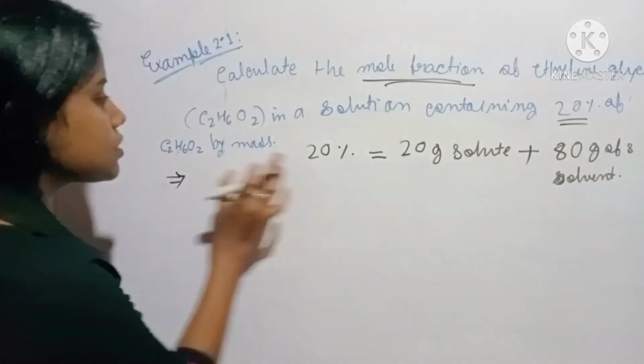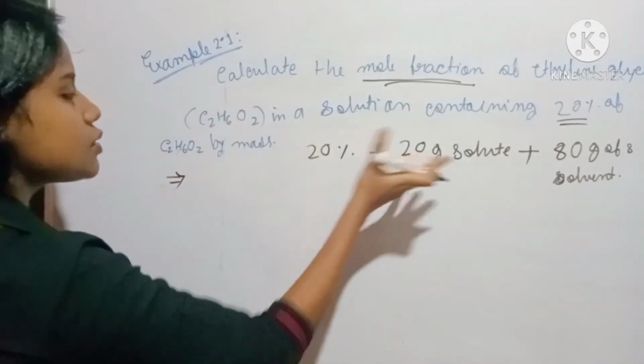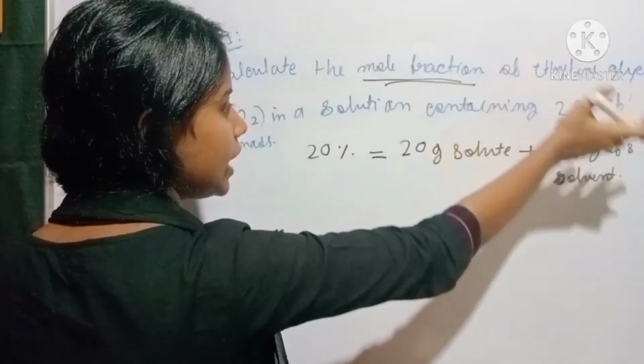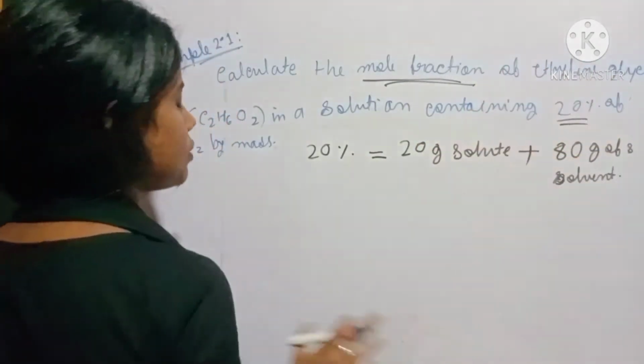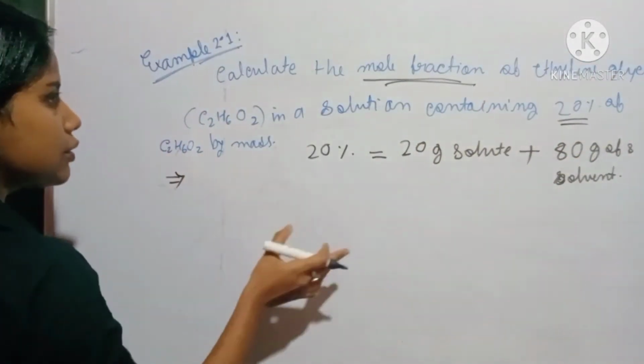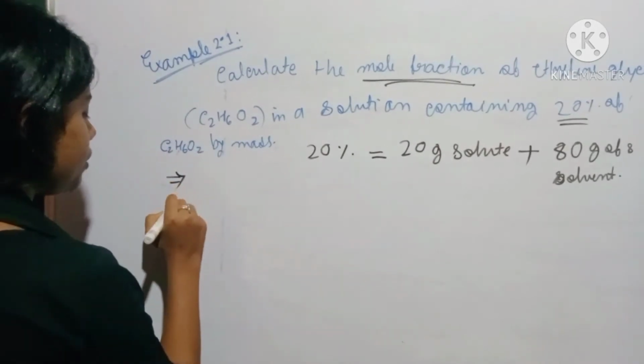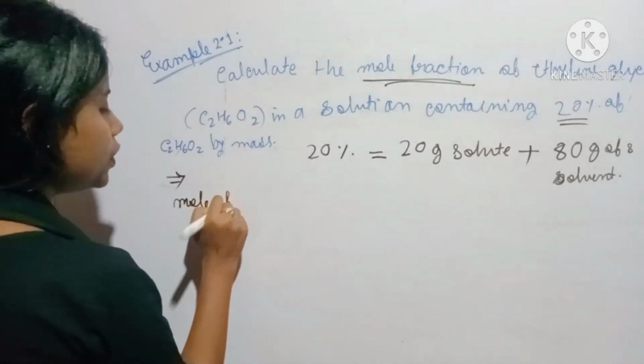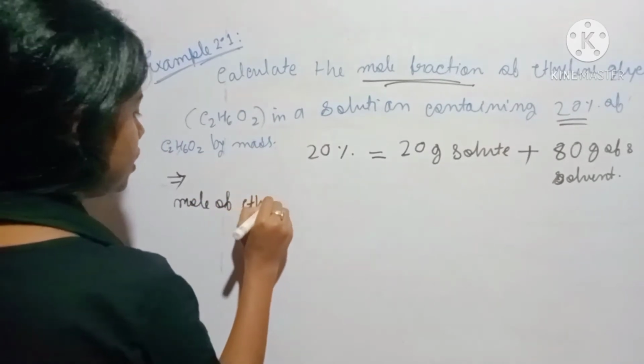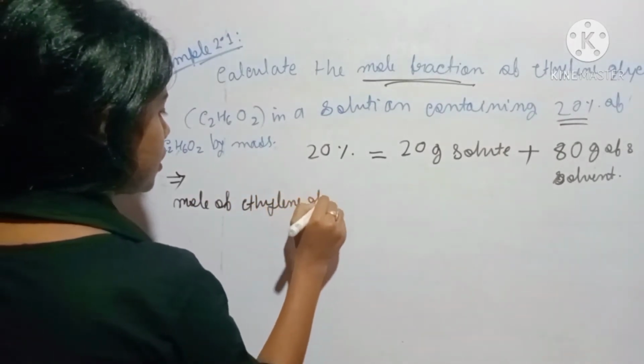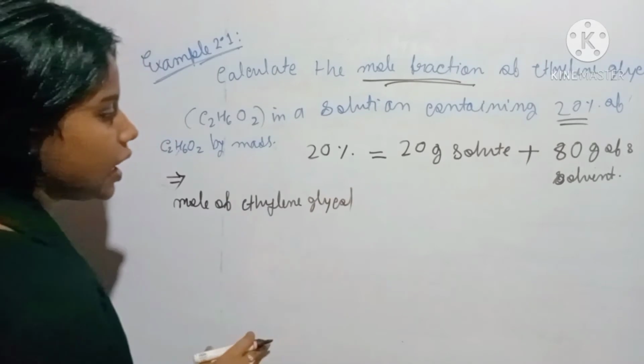Okay, so here we get that the solute is ethylene glycol and the solvent is water. Now we have to calculate the mole of ethylene glycol. Mole of ethylene glycol, how can we calculate that?